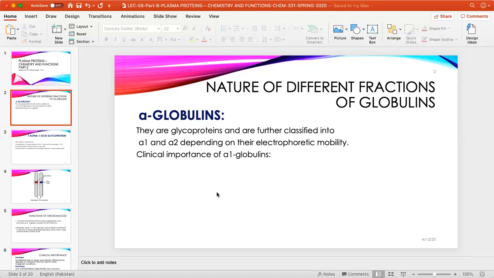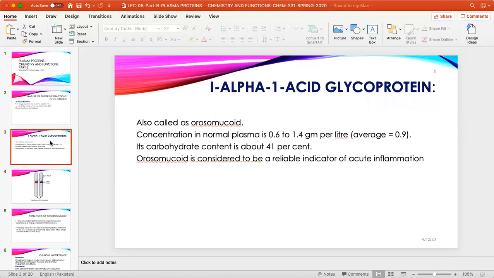Next we come to the next slide, orosomucoid, and this is very important. Its abbreviation is ORM. It is an acute phase protein, a plasma alpha globulin glycoprotein, and it is actually modulated by two polymorphic genes.